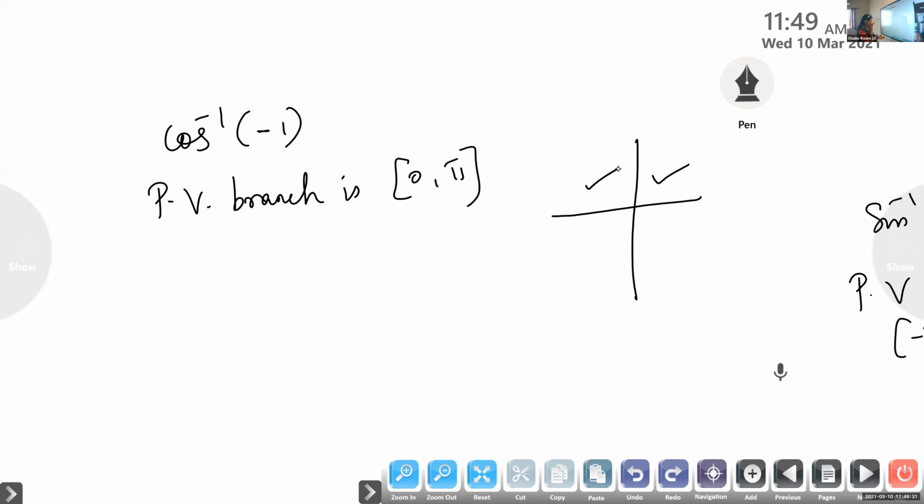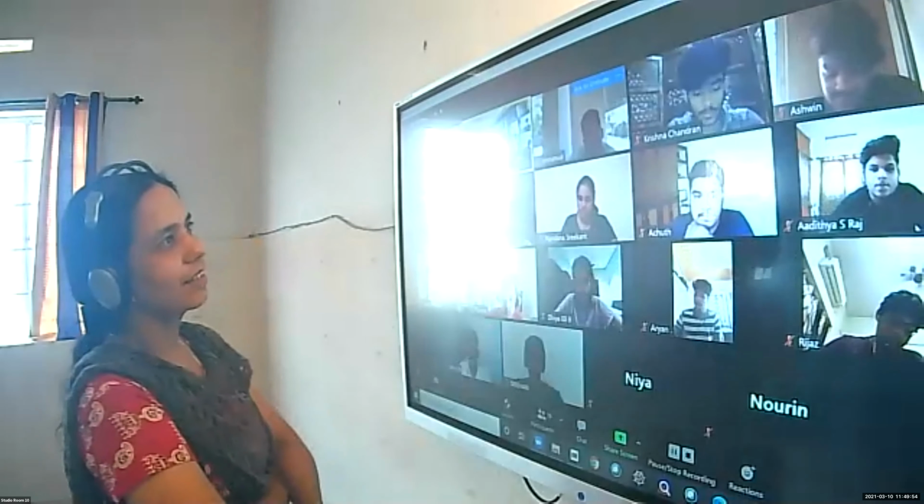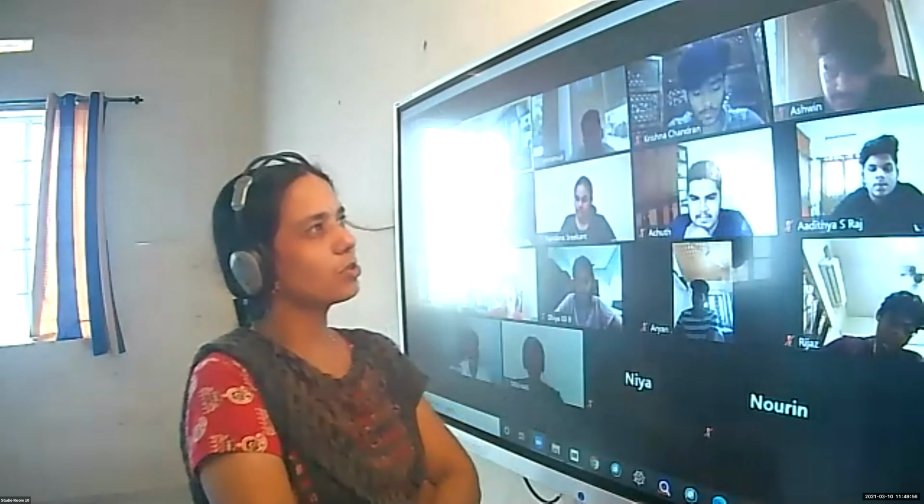All Silver Tea Cups: only 2 and 3. 2 and 3. What about Krishna Chandran? What is the answer? In which quadrant is sine positive? Which quadrant is sign positive?